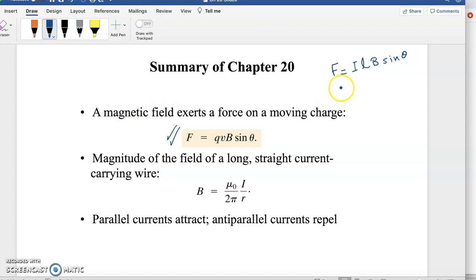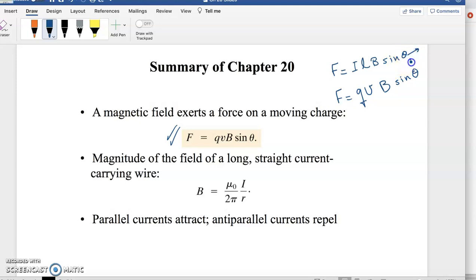And here, instead, we don't have full current. We have simply a charge, and it's moving with velocity v in a magnetic field. And this is sine theta, which has a different meaning now.